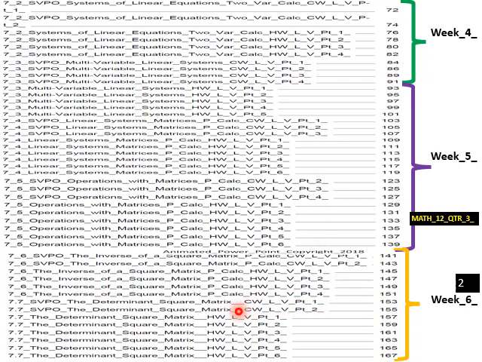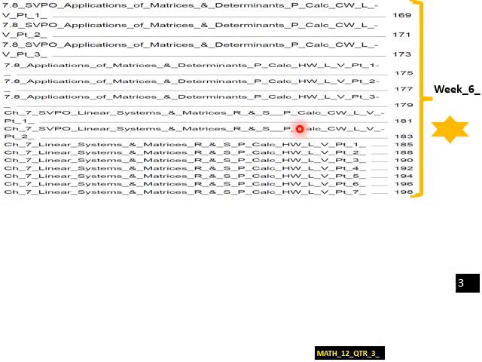And then week 6, the inverse of square matrices, we do that. We start out with that, 7.6, and then we end up here with the determinant of a square matrix for week 6. And then going in here to the final 3 weeks here, we still are in week 6, okay?